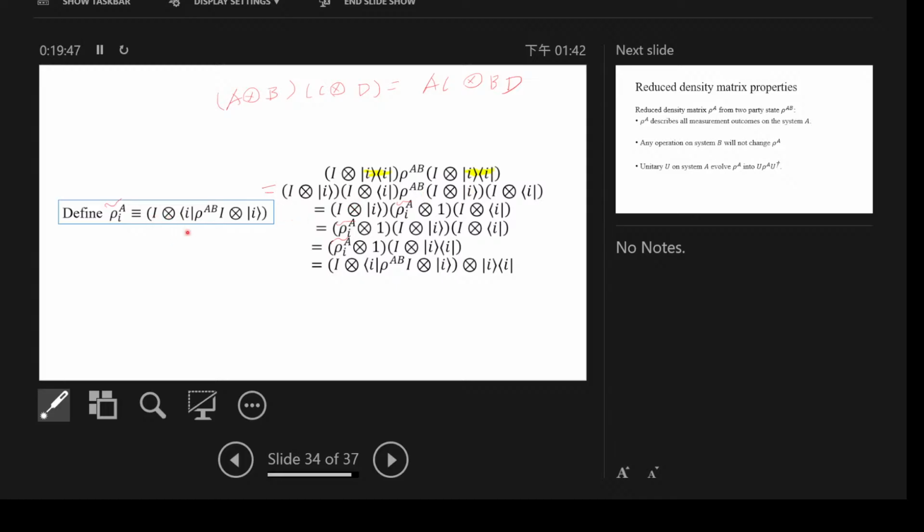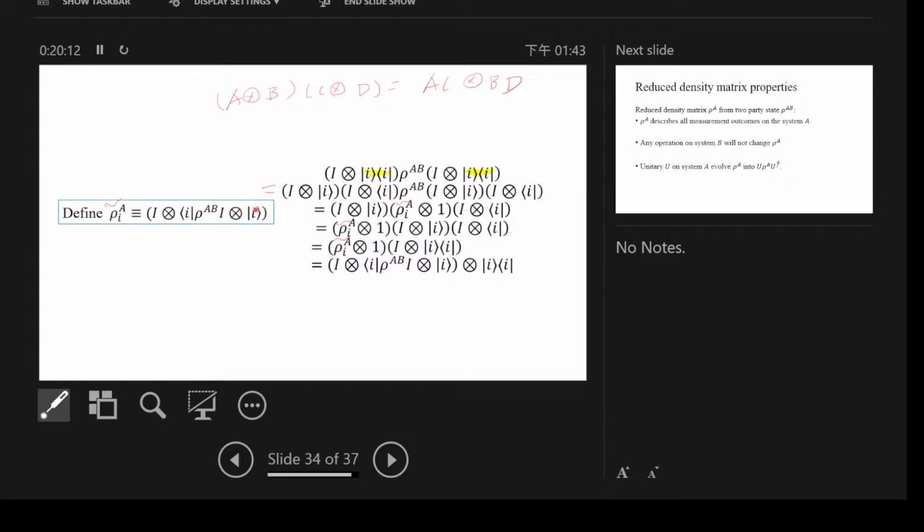It is I tensor ⟨i| tensor identity tensor ⟨i| times row AB times identity tensor |i⟩. And then this thing, as we know, should be something only on system A, because the dimension on system B becomes just 1, because you have a row vector here and a column vector here.